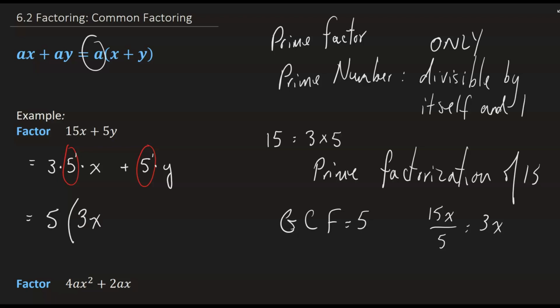And notice, it's the rest of the prime factorization. Plus the next term, 5y. Divide by 5 is just y. And notice, it's the rest of the prime factorization. So since we cannot factor these out anymore to get a common factor, we have factored with the greatest common factor and gone as far as we can go.